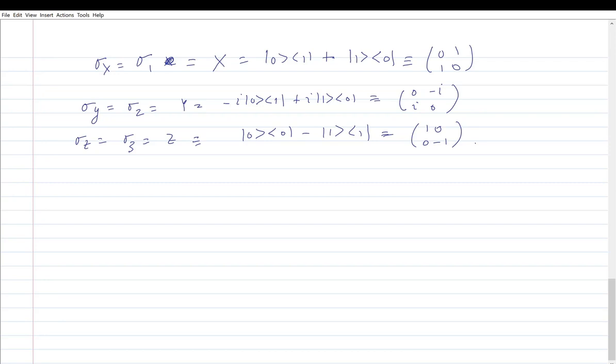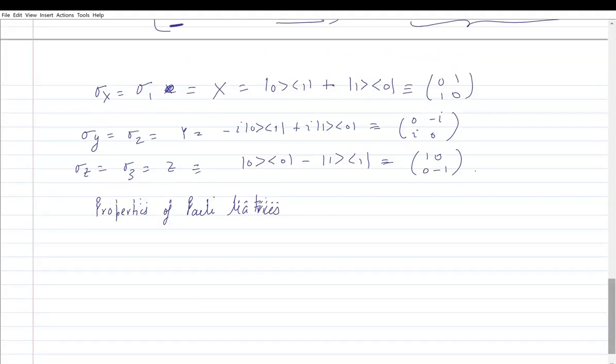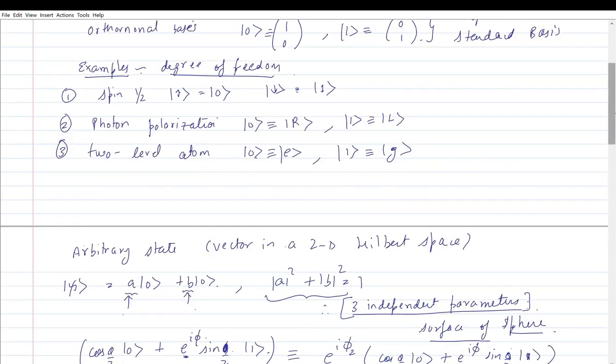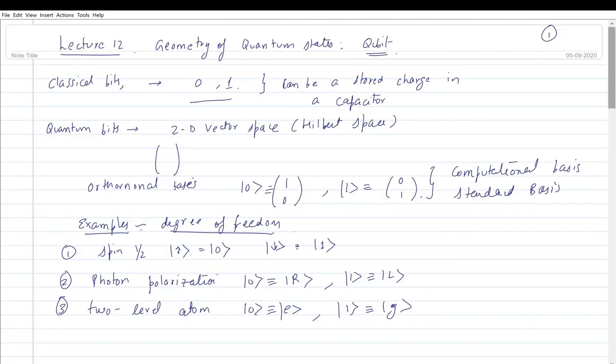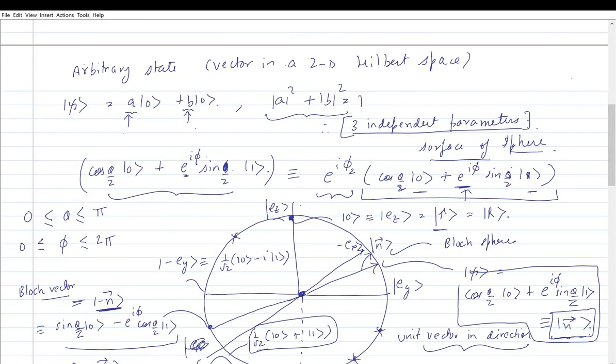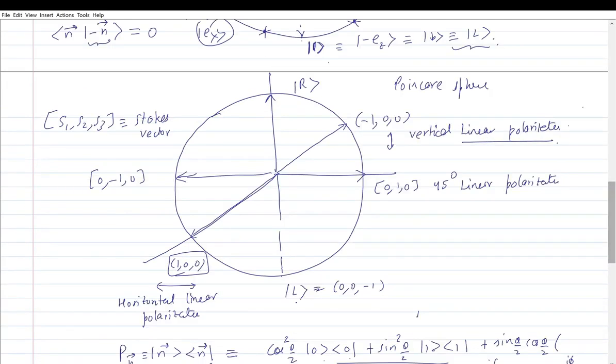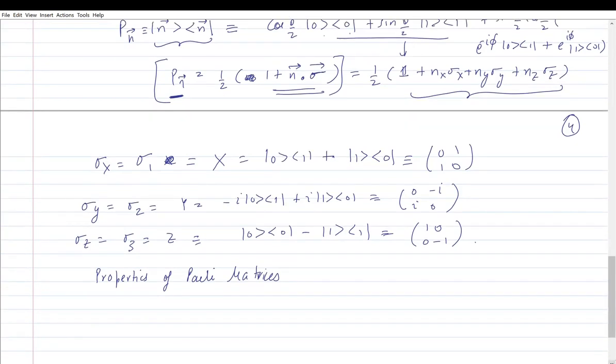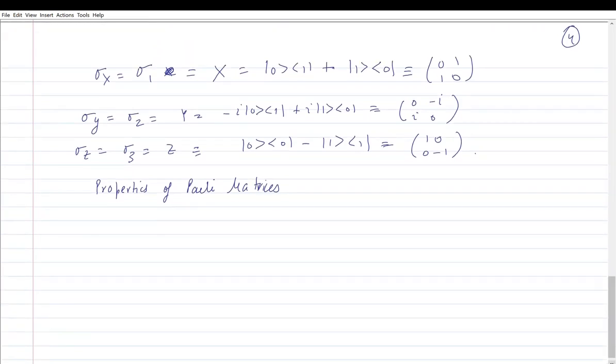Okay, so what are the properties of these Pauli matrices? Essentially, I request you guys to play around with Pauli matrices and outer products in the Bloch sphere just to get a feel of these things. There are also going to be some homework problems regarding that.